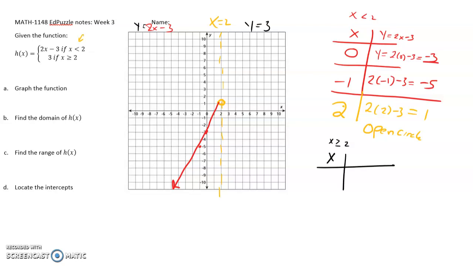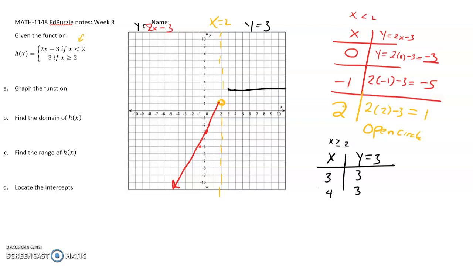No matter what, our y value is going to be equal to 3. A couple values that are greater than or equal to 2, I could pick 3 and 4. We don't have an x to plug into over there, so the y value is going to stay 3. So it's going to be (3, 3), (4, 3), all the way.